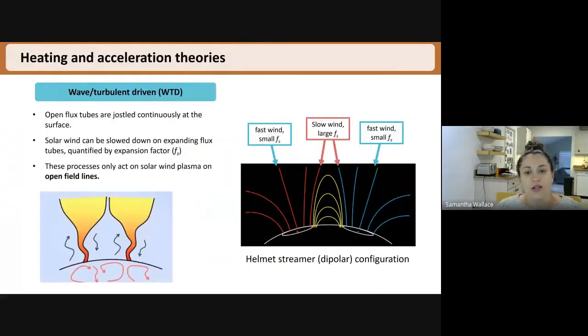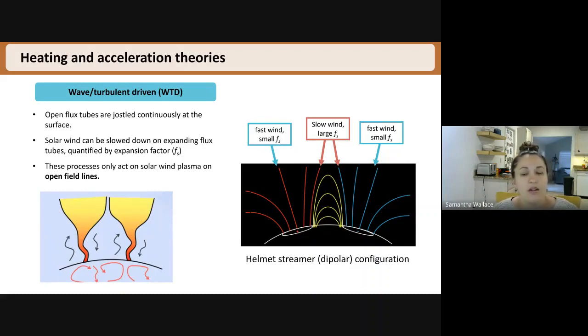Initially, theories pertaining to solar wind acceleration attempted to self-consistently account for both fast and slow wind. This has resulted in two leading but different physics-based models. The first is wave turbulent driven, in which fluctuations at the surface produce wave pressure gradients that accelerate the solar wind.